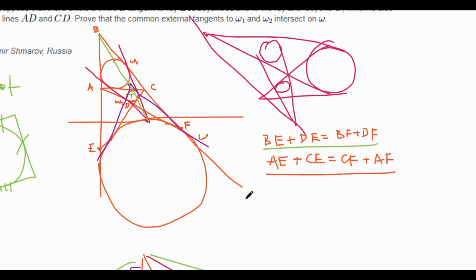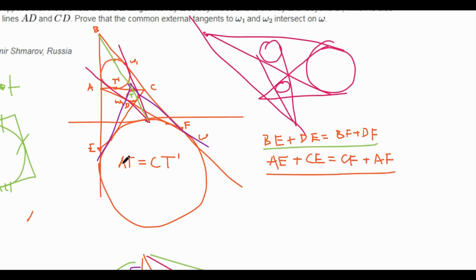So a length property of the tangency point of an X circle with the triangle is that AT, let's write it here, AT should equal CT prime, where I'll let T prime be the tangency point of the incircle with AC.